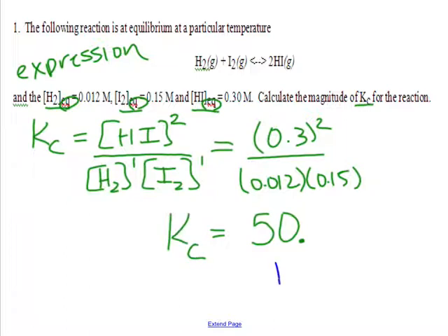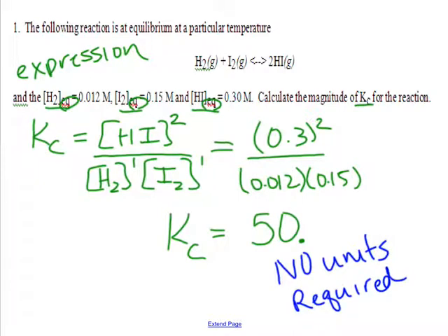And here's the good news. You ready? It's going to make you very happy. You do not need to report units on your equilibrium constants. Now, this particular one doesn't have units. Do you see why? Exactly. Molarity squared over molarity squared cancels, so this one doesn't.